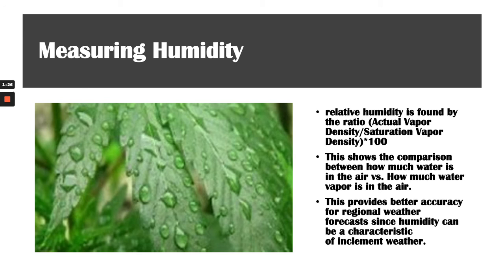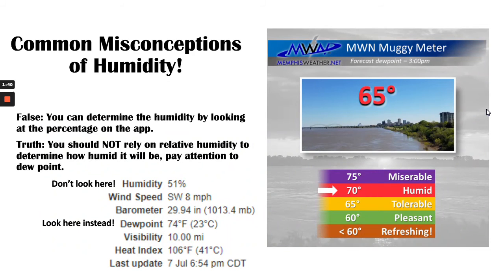And we do this because it provides better accuracy for regional weather forecasts since humidity can be a characteristic of inclement weather. So if there's inclement weather in an area, humidity could be a good characteristic to help define that weather. So now let's dive into some common misconceptions that people might have about humidity.